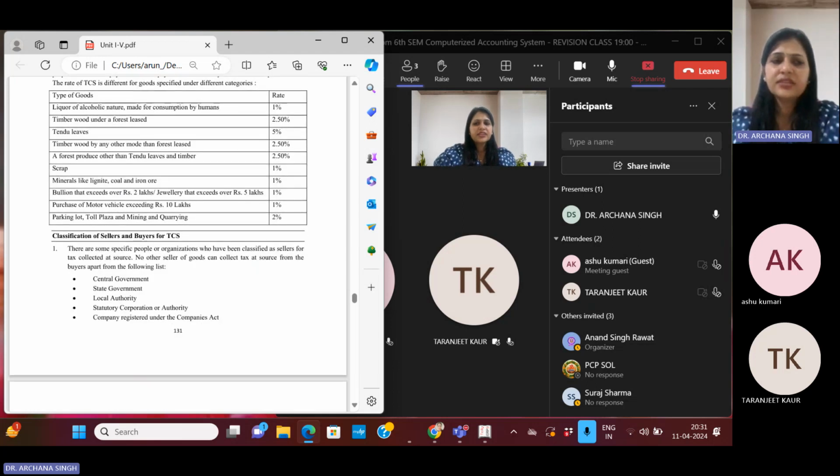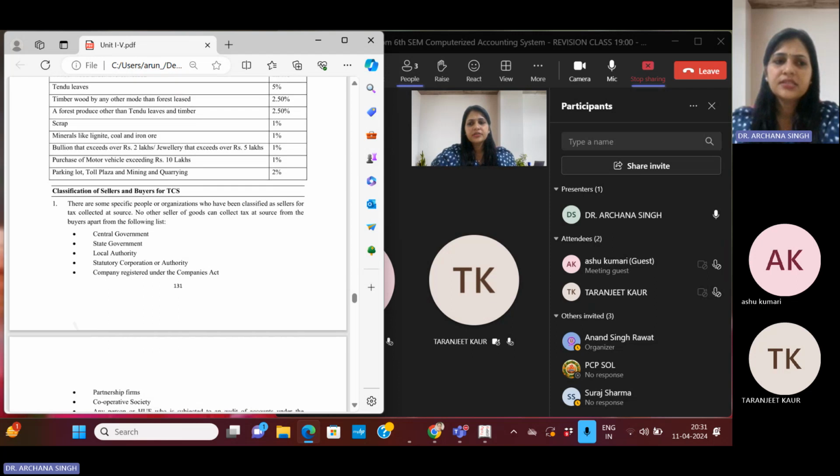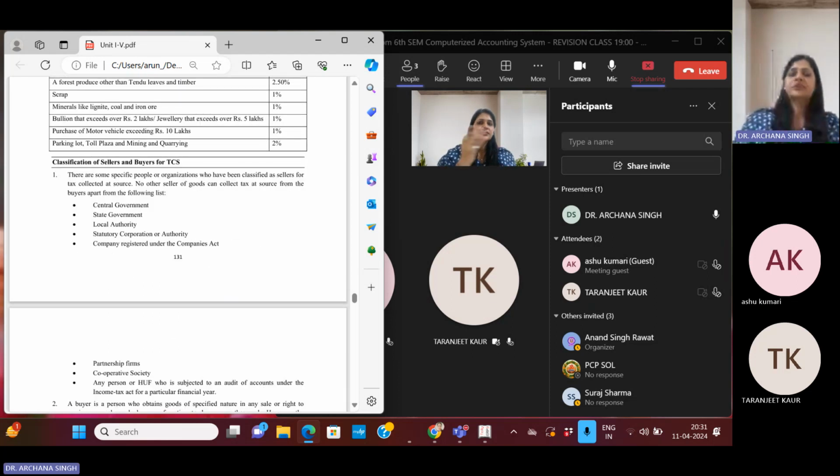And classification of sellers and buyers for TCS, there are some specific people and organizations जो कि classify किए हैं, जिनको हमने classify किया है as sellers for TCS, tax collected at source. So no other seller of goods can collect tax at source apart from these agencies. Who are they?